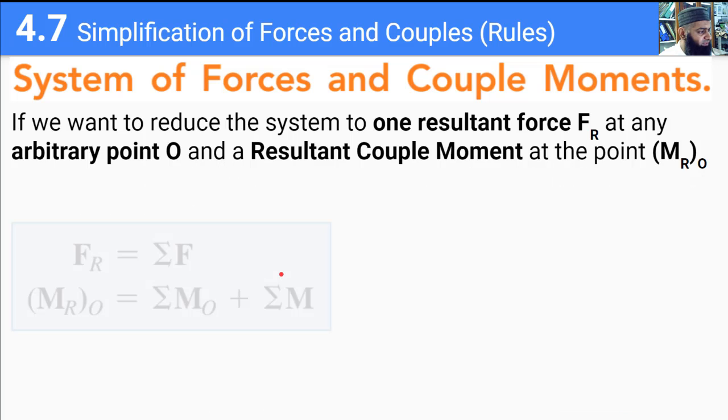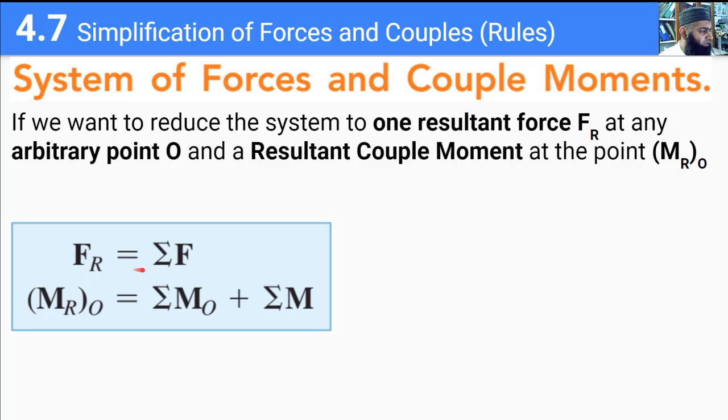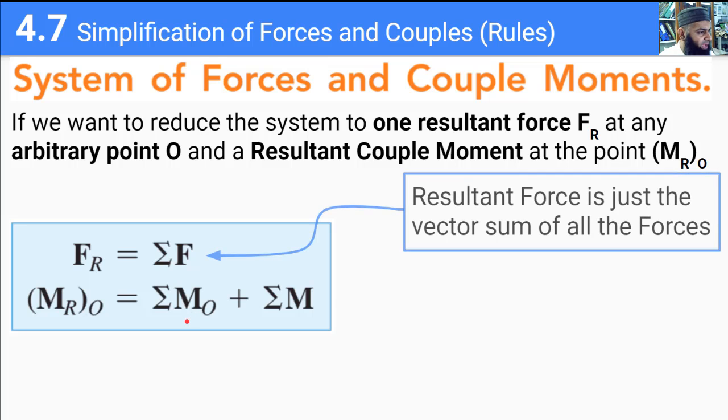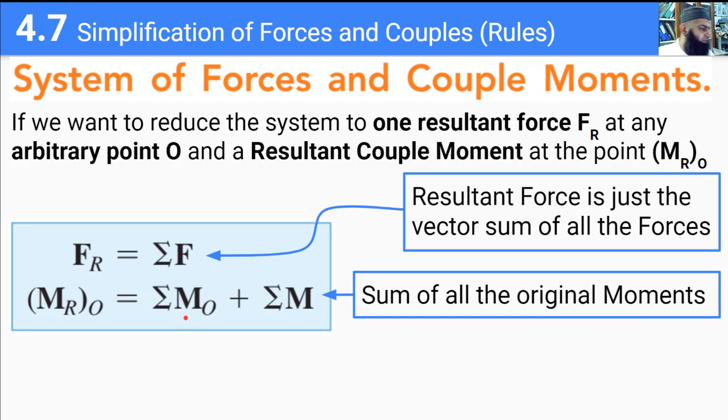Last time we saw that the resultant force is equal to the sum of all the forces, and the resultant couple moment at point O is the sum of all the original couple moments plus all the couple moments induced by moving the forces around. This means the equivalent system has all the same external effects as the original system, so all the acceleration and rotational components of the force system would be the same.